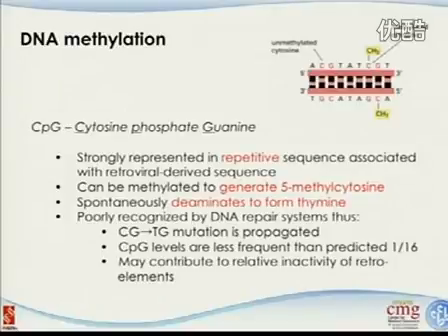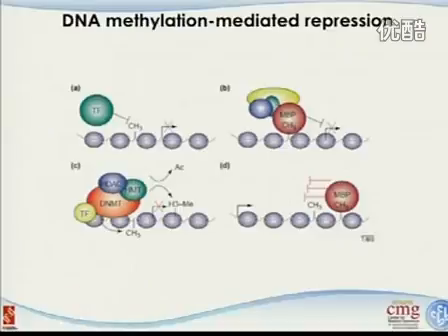The reason for that is that the C in CpG can be modified, and if it is modified, it can be changed to TG. So we see a little bit more TG in the human genome, but the CpG frequency is much, much lower. And this may contribute to relative inactivity of retro elements. So we'll not talk about that.